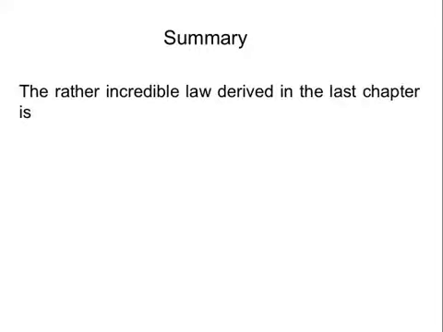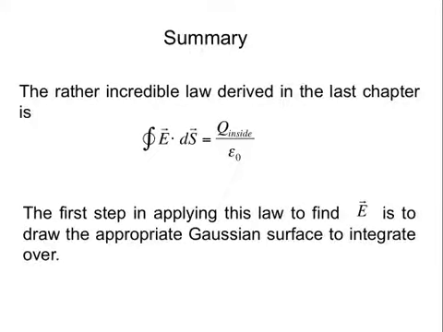Summary. The rather incredible law derived in the last chapter is the integral of E dot dS over a closed surface is equal to the charge inside over epsilon 0. The first step in applying this law to find E is to draw the appropriate Gaussian surface to integrate over.